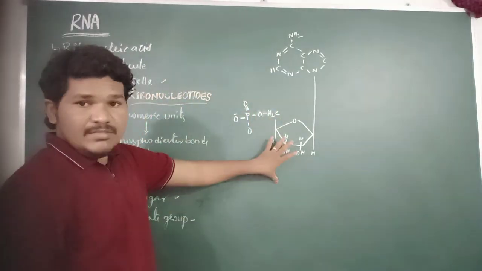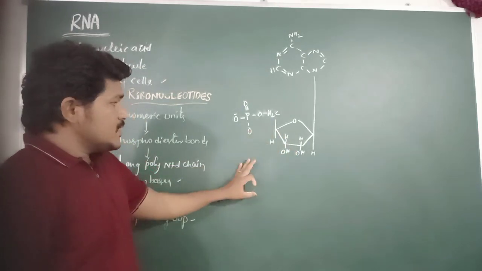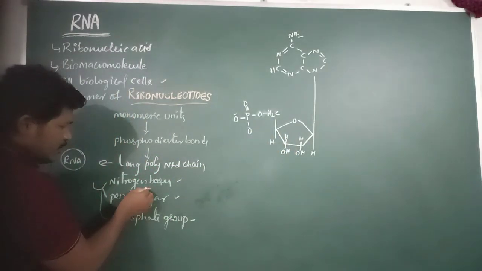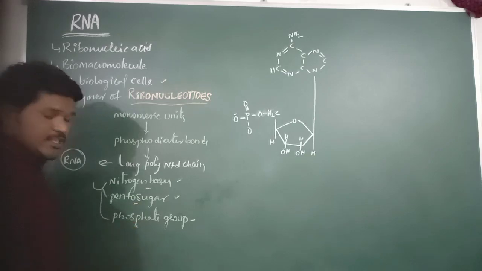This is the structure of ribonucleotide which consists of three different types of components: nitrogen base, pentose sugar, and phosphate group.